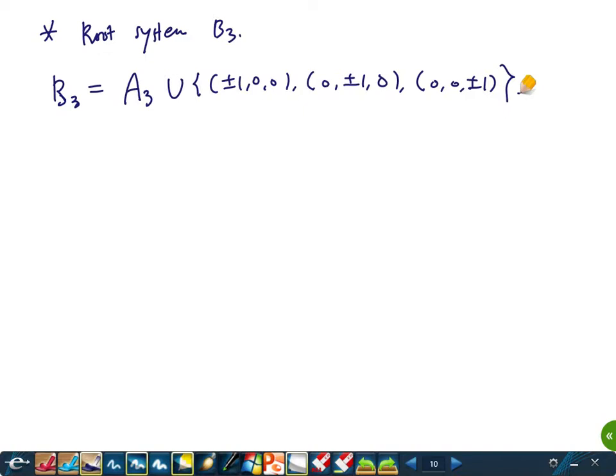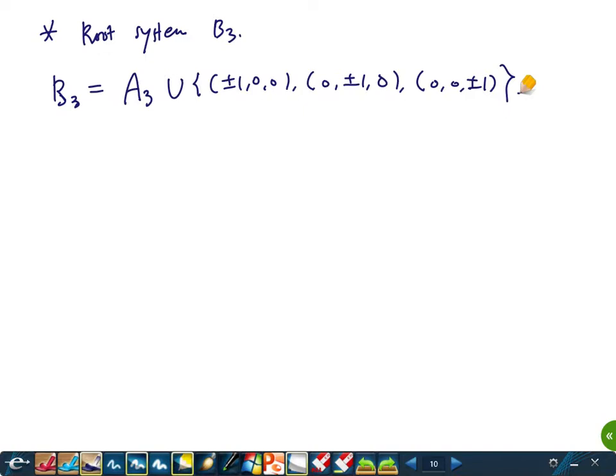And that's exactly this type B3 root system. So we still have the 12 green vectors, but now we have 6 more blue vectors, so type B3. And we can write down explicitly the base elements, but you can see these vectors with this white point, they are the 3 root base elements. 1, 2, 3.